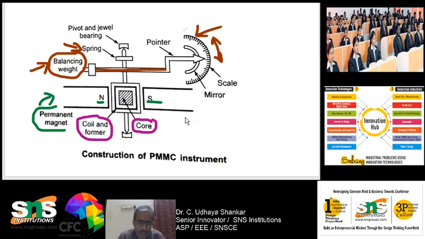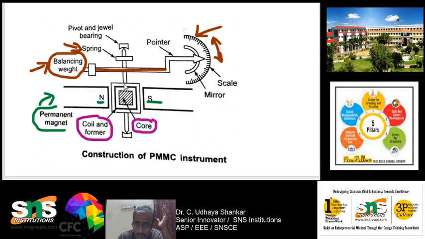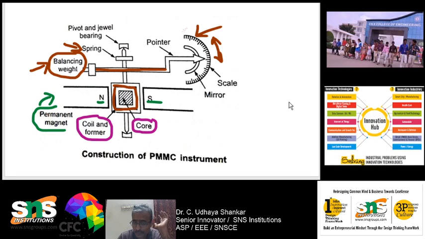I have already explained how it works. Whenever a current carrying conductor is placed in a magnetic field, it will experience a force. Here the current will be flowing through this coil, which I am marking again in brown.